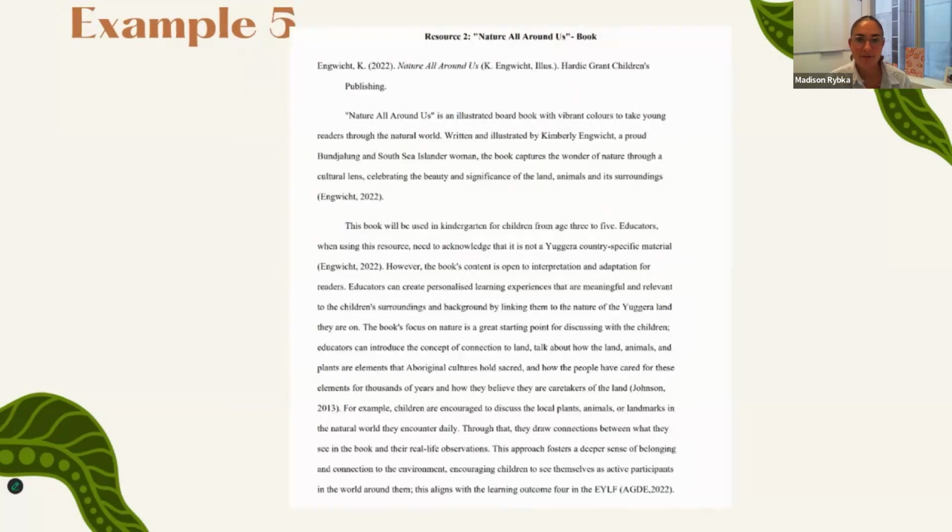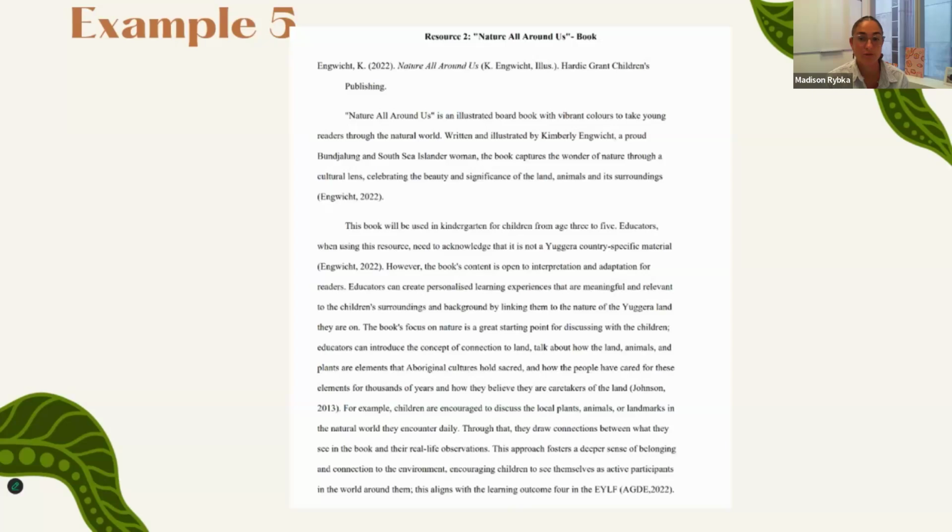Number 5 is another book, Nature All Around Us, giving us a little bit of information about the book, where it's from. It's written by a Bundjalung woman, captures the wonder of nature. Again, I see straight away that you are doing your research. This book will be used in kindergarten for children from age 3 to 5.